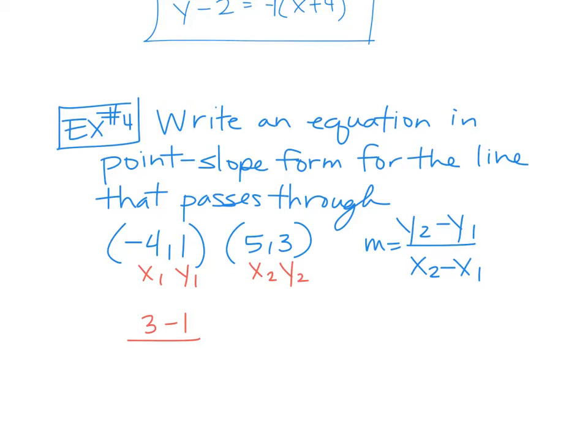Some of you were putting the x's on top and the y's on bottom. You need to flip that, okay? You need y on top and x on bottom. So 3 minus 1 is 2. 5 minus a negative 4 is 9, right? Plus a positive. So this is m, okay?